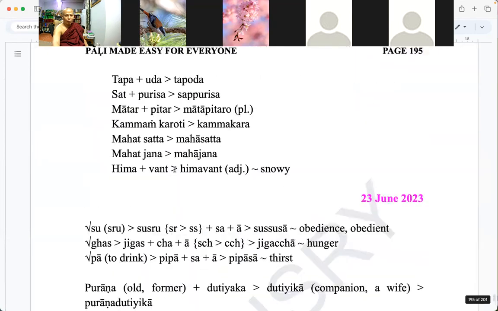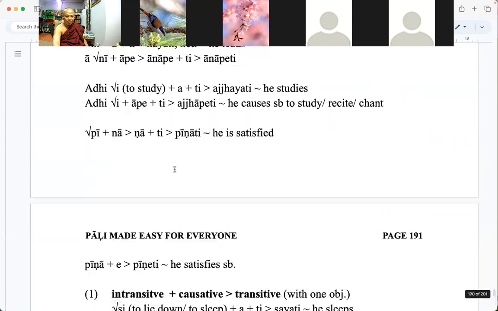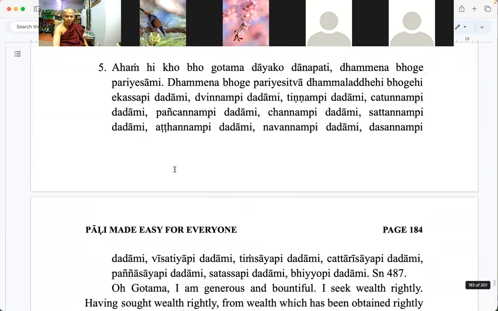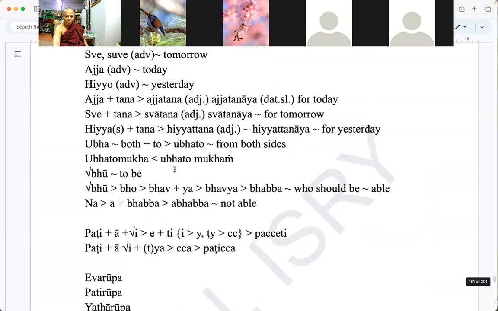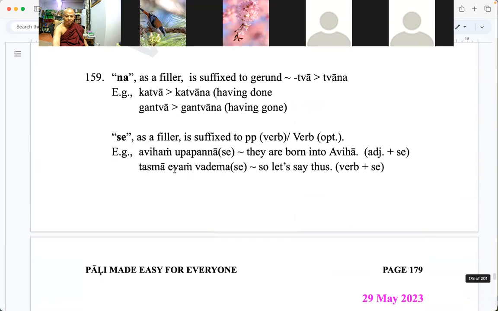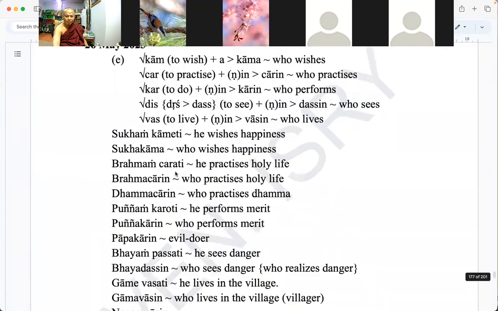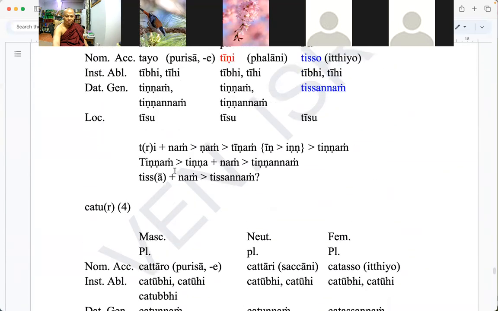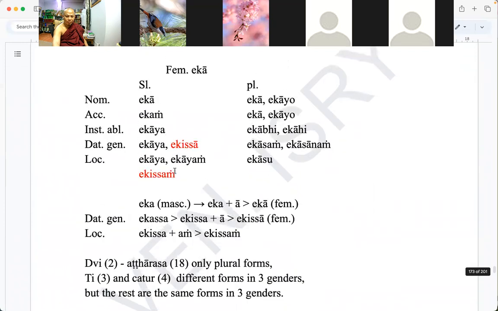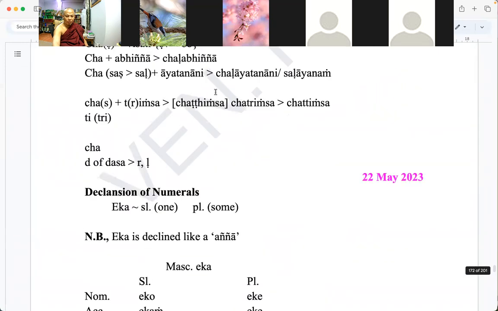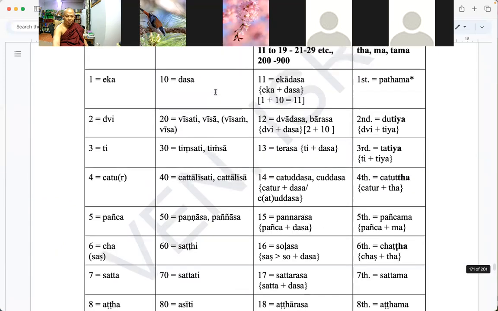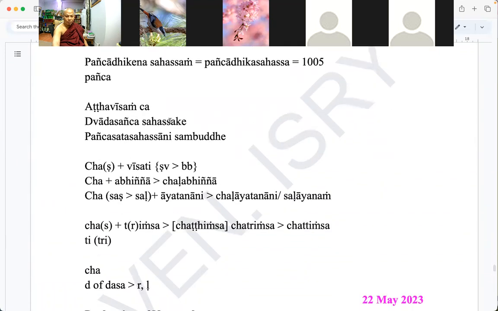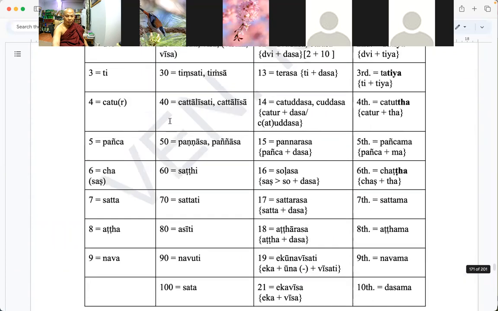When we learn the pronoun and the numeral in this lesson or the previous lesson, okay, in the chart, here eka is 1, but in declension, where is it?